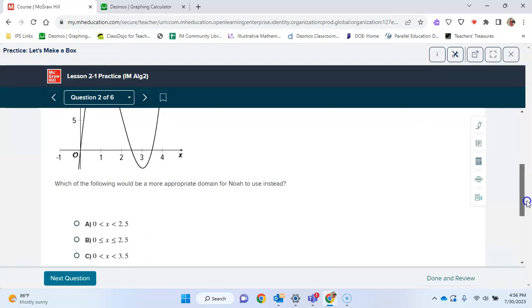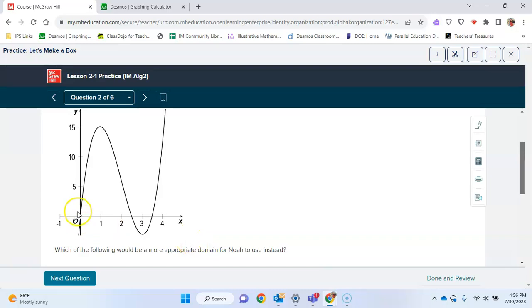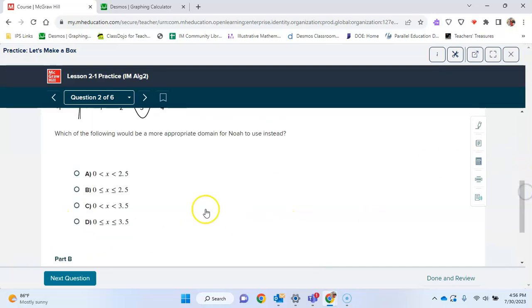Which of the following would be a more appropriate domain for Noah to use instead? You can see it starts out at 0 here, and then it's 0 somewhere around 2.5, and the maximum is somewhere between them. So it would be somewhere between 0 and 2.5.